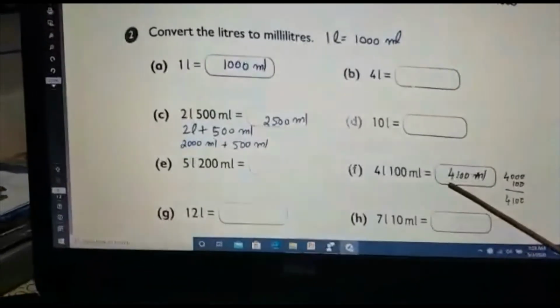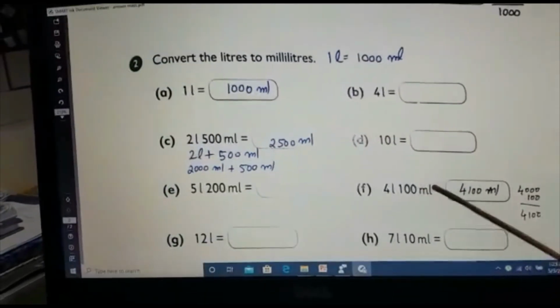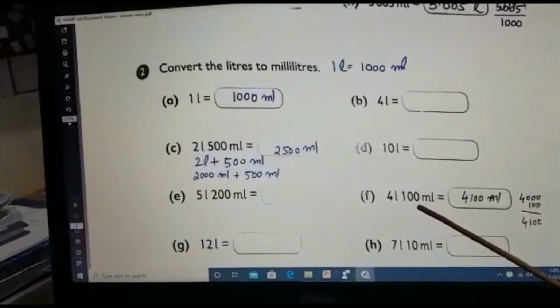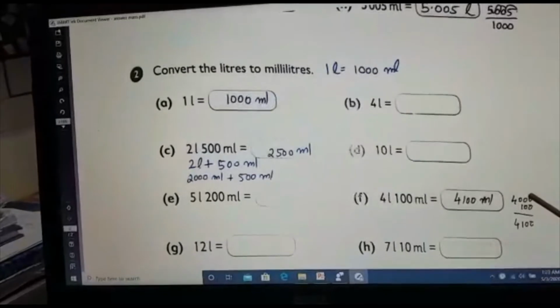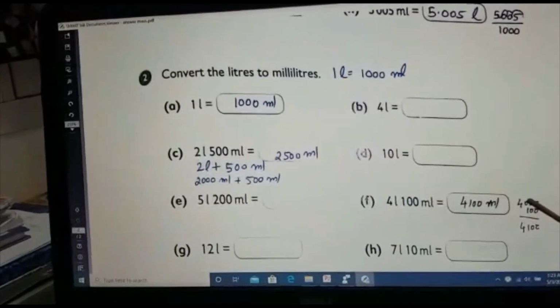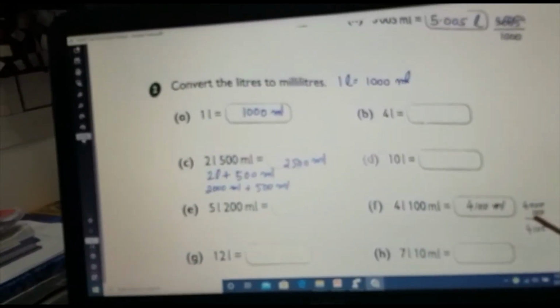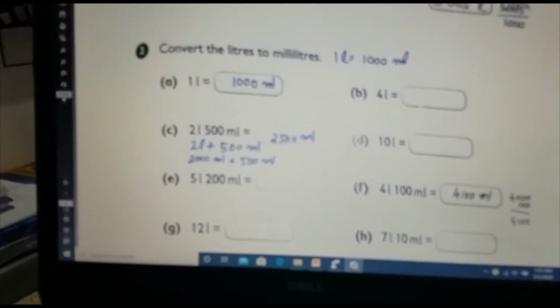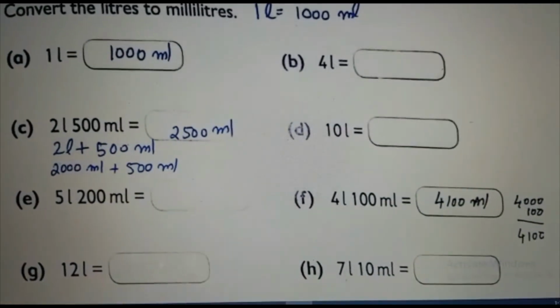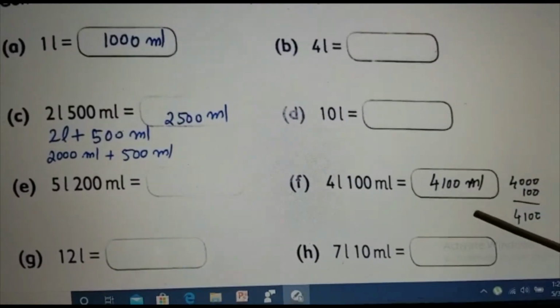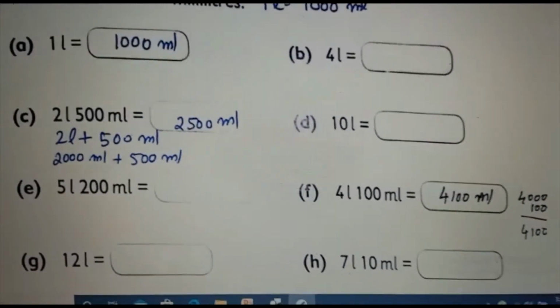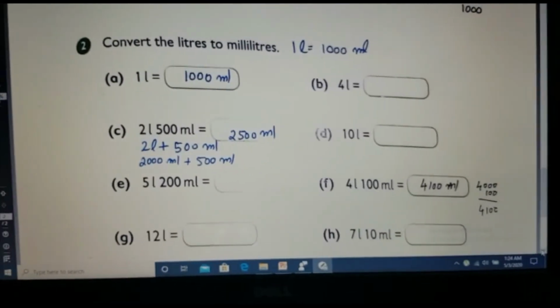See, this also I am explaining. 4 liter 100 milliliter. 100 is already in milliliter, so I am not changing. 4 liter means 4000 milliliter plus 100 milliliter. So it becomes 4100 milliliter. Same way you can do all the questions, and please send me the answers also.